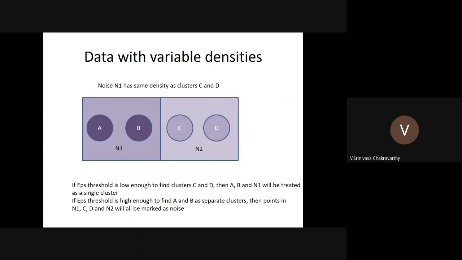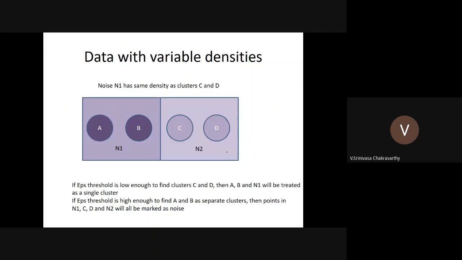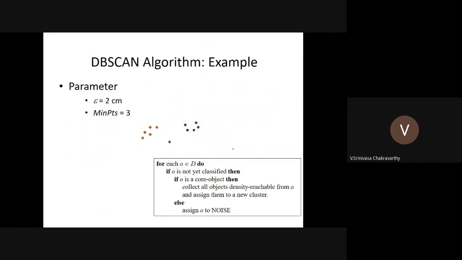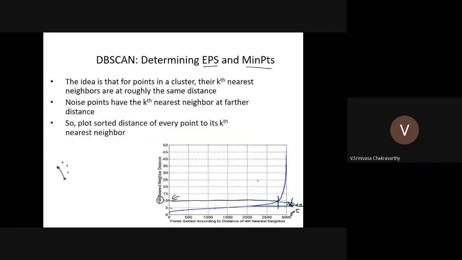But even this algorithm, which is quite powerful when it comes to clusters of different shapes, has problems with data which has multiple densities, because even in this graph where we try to find epsilon and all that, we are assuming that all the data where there are clusters has the same density, right?